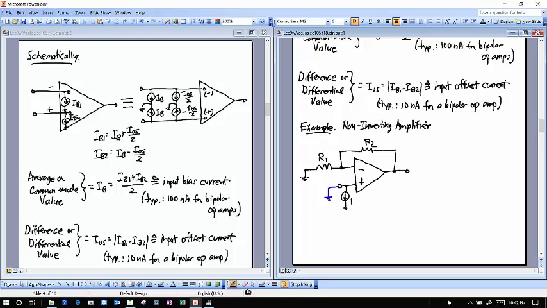So this will be bias current IB2, and this will be bias current IB1 coming into there. And so again, this is ideal in every sense of the op-amp except for these bias currents. So that means that the voltage at that node is going to be 0 volts, right? This is our virtual ground.